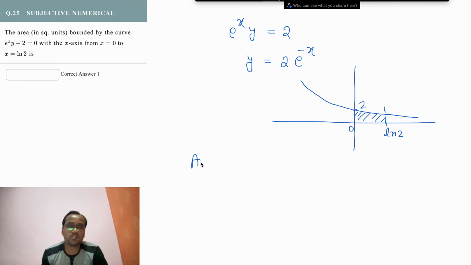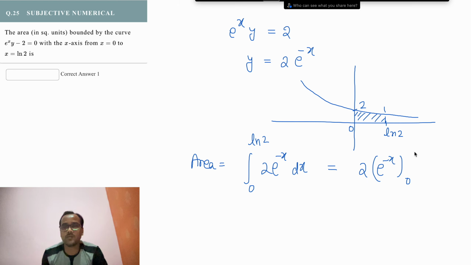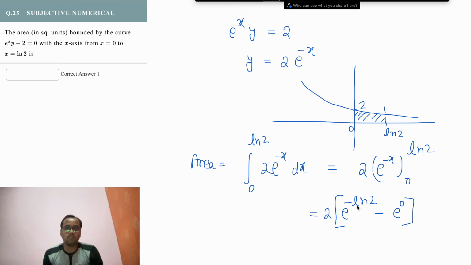So this area will be equal to the integral from 0 to ln 2 of twice e raised to the power minus x dx. Integration of twice e raised to the power minus x will be twice e raised to the power minus x. Put the limits 0 to ln 2. So that would be twice of e raised to the power minus ln 2 minus e raised to the power 0. So e raised to the power minus ln 2 means e raised to the power ln 1 by 2. So that is 1 by 2.